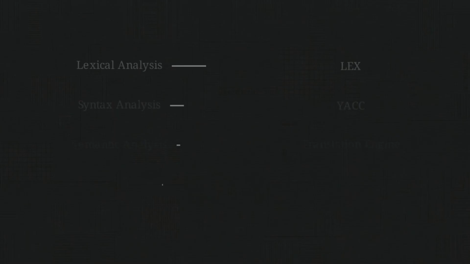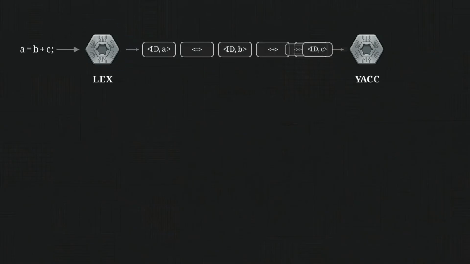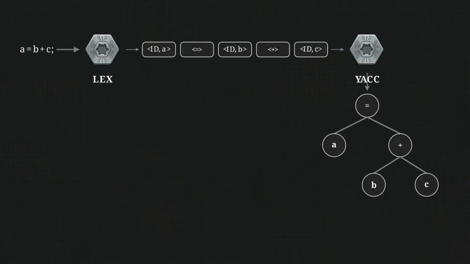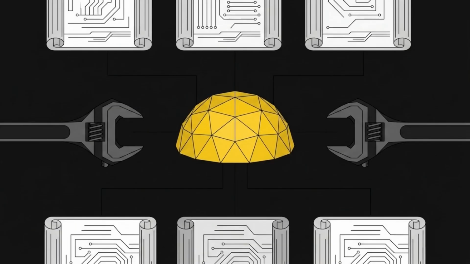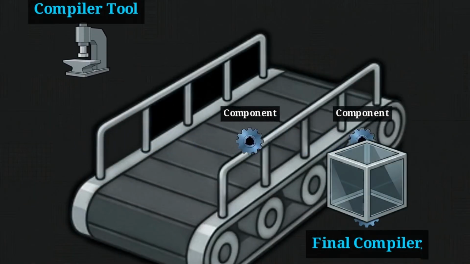This matrix maps the 5 compiler phases to their automated tools, like LEX and YACC. Tracing an equation through this flowchart, it passes the LEX node to become tokens, then into the YACC node, forming a parse tree. It is critical to note that these tools do not act as the compiler themselves. They are the software that generates the specific components that will eventually make up the compiler.